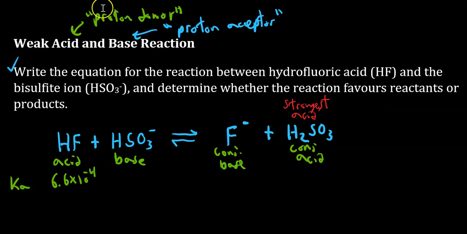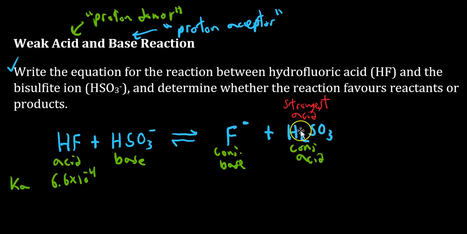An acid is a proton donor, so the stronger acid will be able to donate its proton better, to a greater degree, than a weaker acid. For the reaction to go to the right, this acid has to donate a proton. For the reaction to go to the left, this acid has to donate a proton. But this one's stronger.